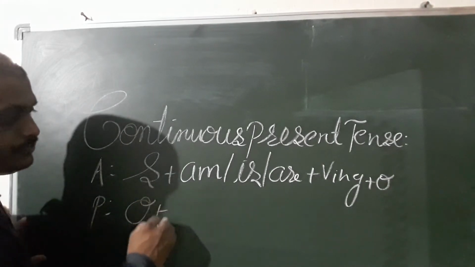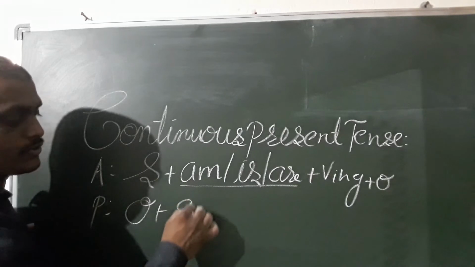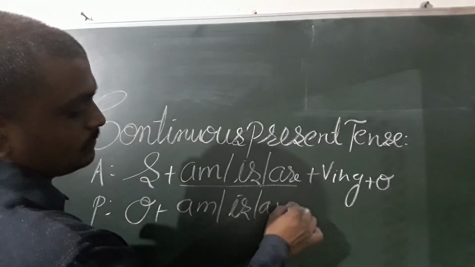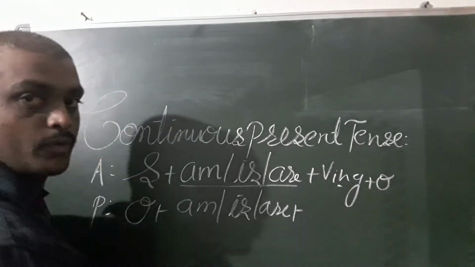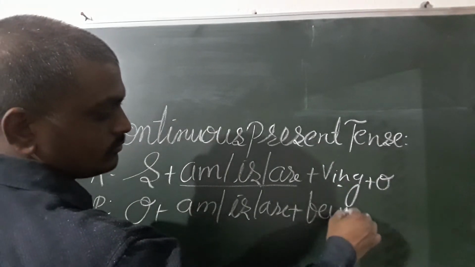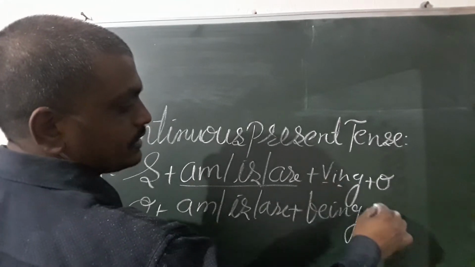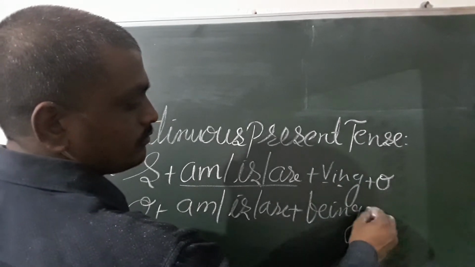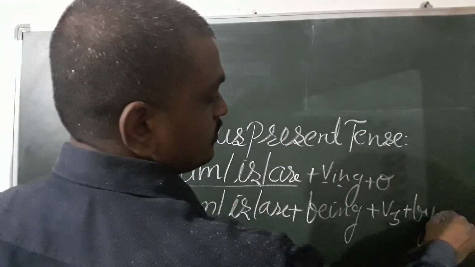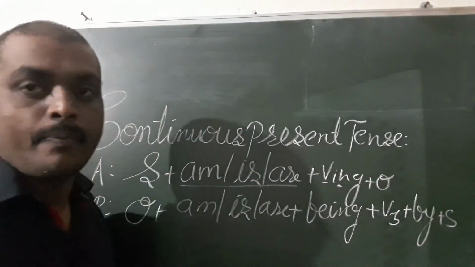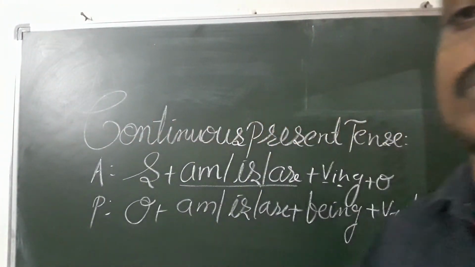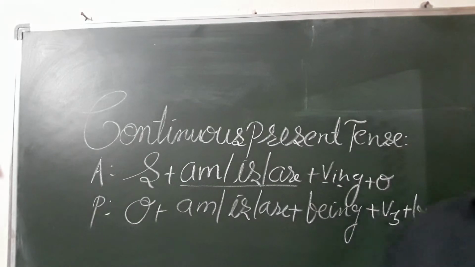Object plus this helping verb we have to use as it is, am, is, are. This ing form changes into being form. V1 changes into V3 form, plus by plus subject. Like this we have to use this formula for changing the active voice into the passive. What are the important things?